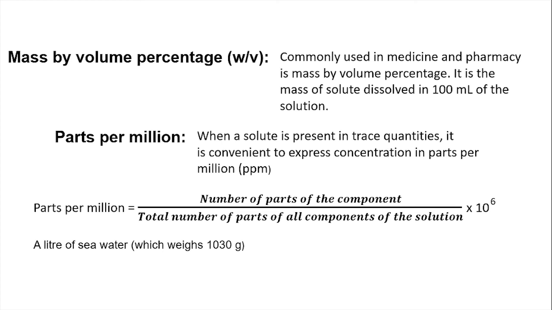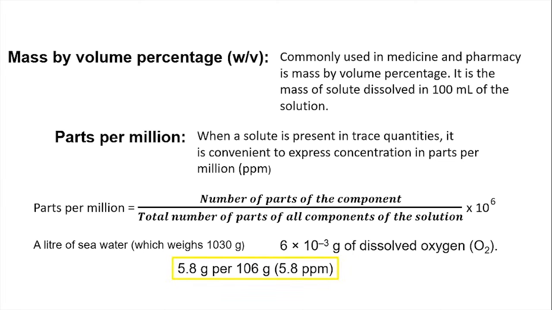A liter of seawater, which weighs about 1030 gram, contains about 6 times 10 to the power minus 3 grams of dissolved oxygen. Such a small concentration is also expressed as 5.8 gram per 10 to the power 6 gram, that is 5.8 ppm of seawater. The concentration of pollutants in water or atmosphere is often expressed in terms of ppm.